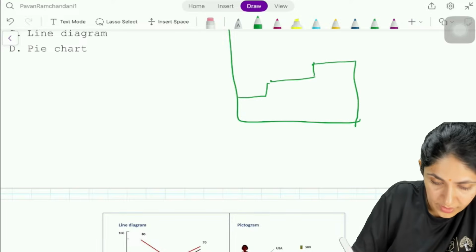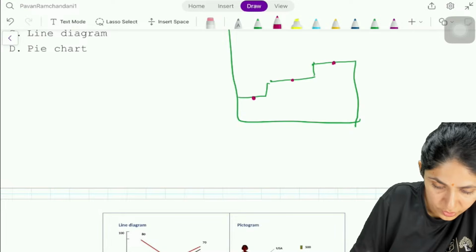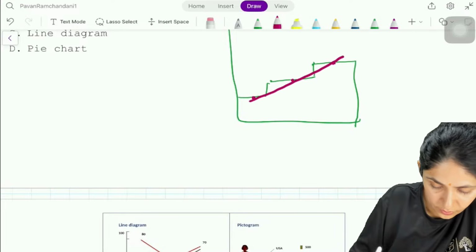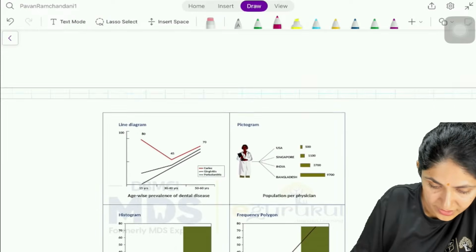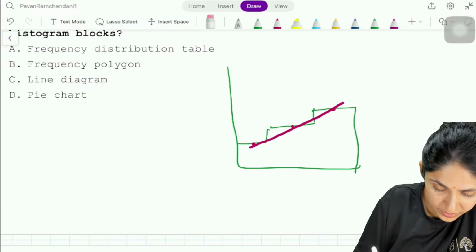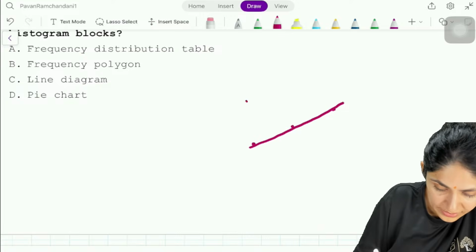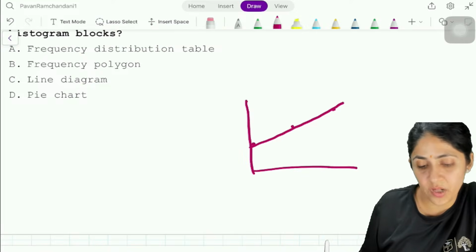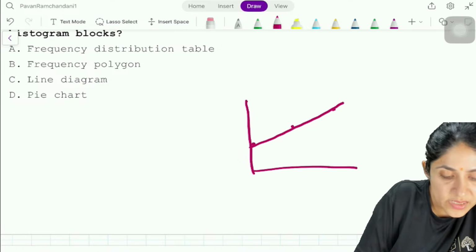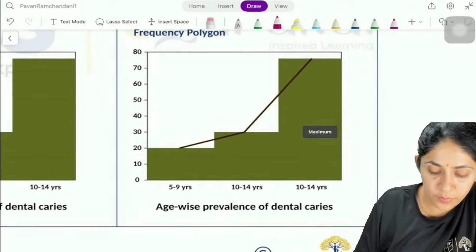These are the midpoints. You join these. The graph that you will obtain will be a frequency polygon. This is the diagram of the frequency polygon.